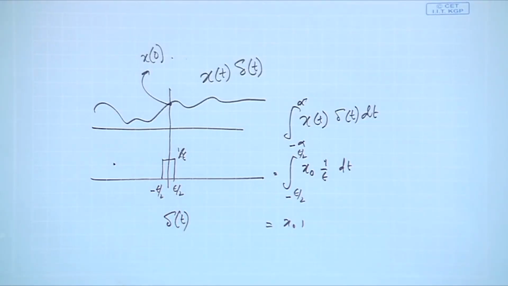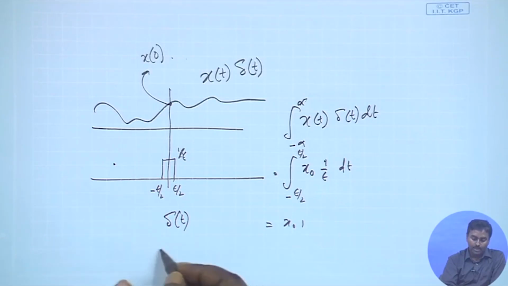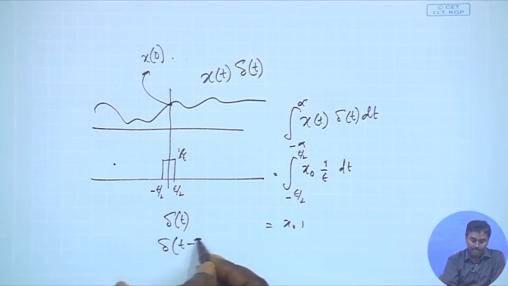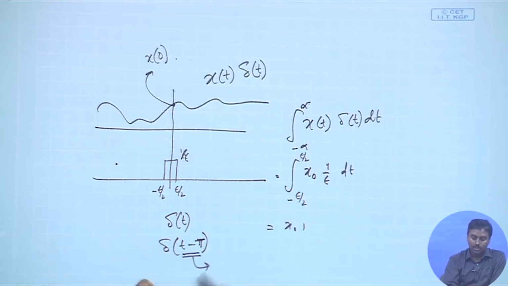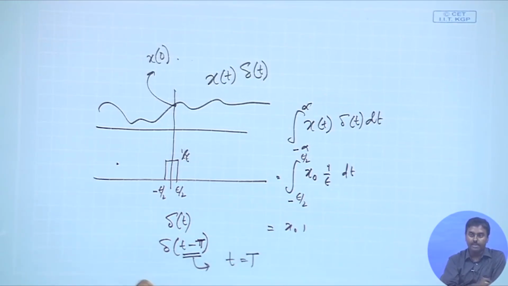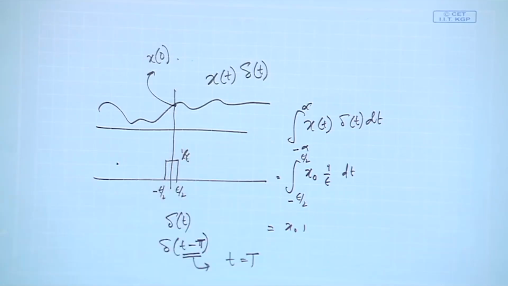Whenever I say delta t, it is defined at 0. Whenever I say delta t minus capital T, it is defined at t equal to capital T, because this has to be 0. So, at capital T, whatever the value of that function, it will just take out that value.